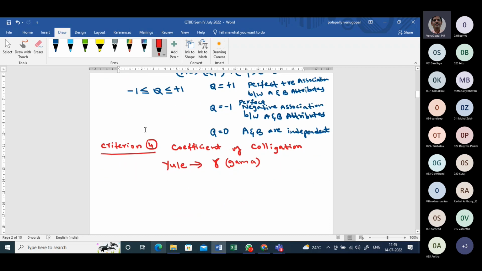So gamma, how to do? Gamma value also lies between -1 and +1.